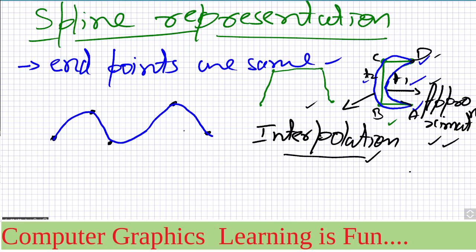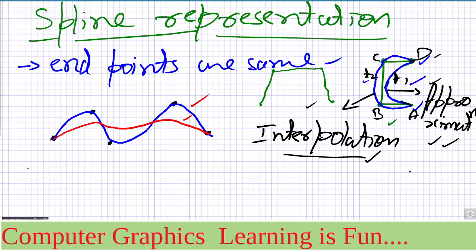However, if it is an approximation, in that case it need not go through all the points. It can be something like this, which will be smoother. However, it may depend whether you want this or that, depending on your applications.